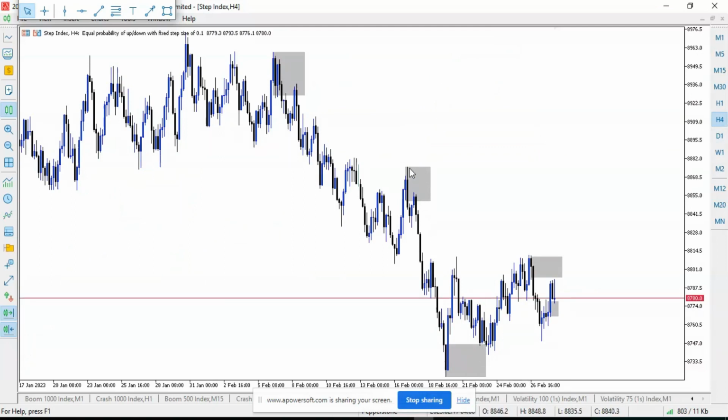On the H4, we have a lower high. You get? We have a lower high and we have a lower low. But now, surprisingly enough, this area of demand, the market has still failed to break this area of demand, and then we are gravitating more towards the supply side.